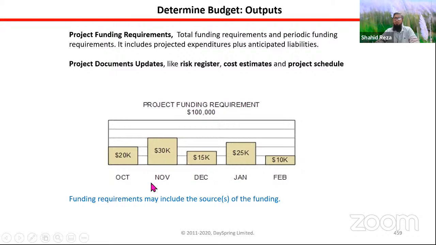You can also show it using a bar chart, right? In which month, how much money you need. That is also one kind of funding requirement representation. And the funding requirements may include the sources of the funding. That is the financing tool. How much money the government is providing, how much money from World Bank, how much money from the Netherlands government.